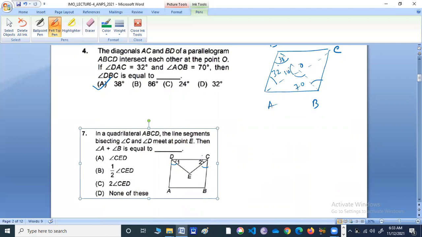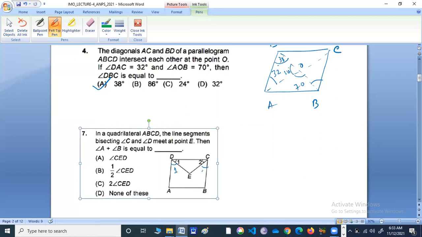Okay. Let me see. ABCD is a quadrilateral, right? This is angle 1, this is also angle 1.